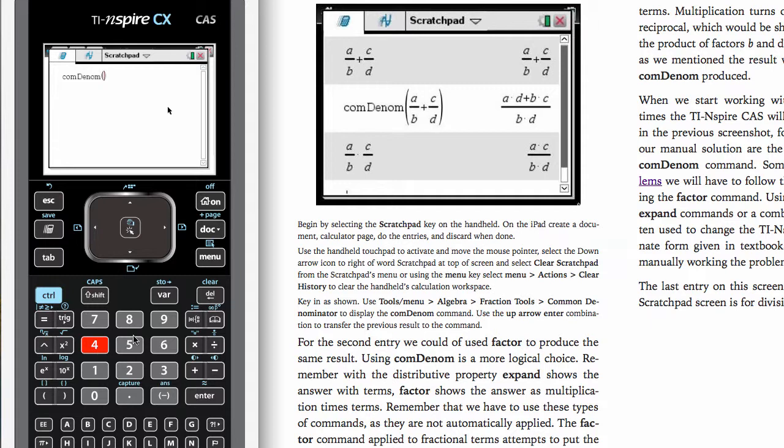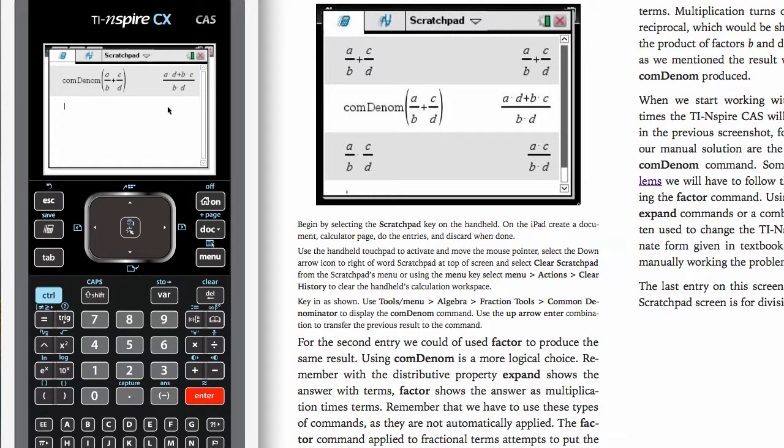So then if we input control, A over B, plus control, C over D and press enter, we can see that we can come up with the answer.